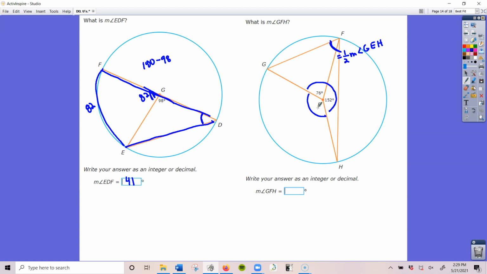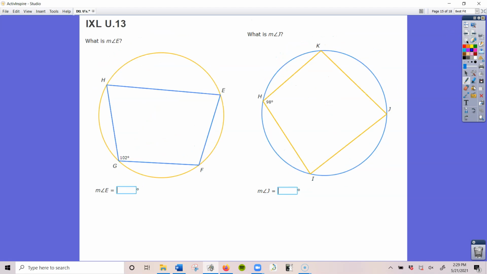So in order to get this angle, we're going to do 360 minus 76 minus 152, which we get 132. So if this is 132, that means that this angle is going to be half of that. And half of that is 66.